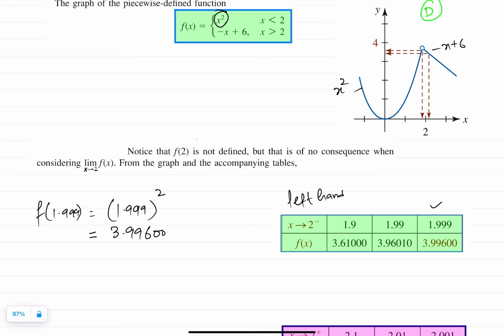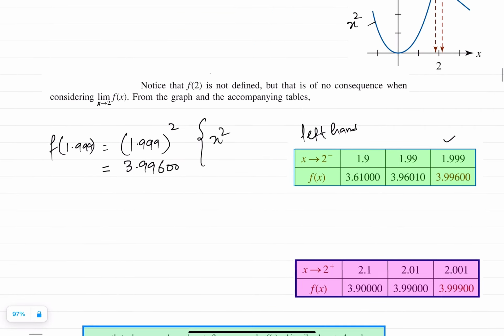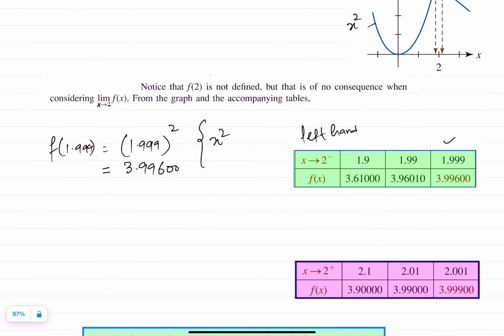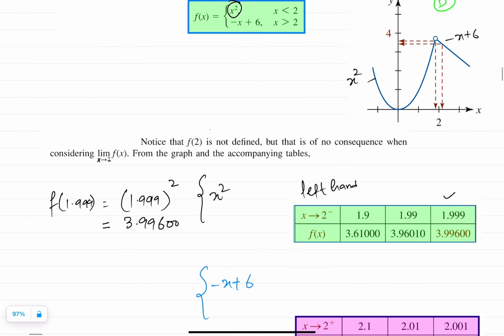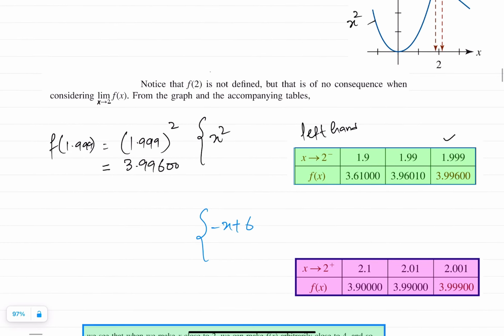Similarly, if you want to approach x equal to 2 from the right side, this time we will take the function -x plus 6, because it's mentioned over here. For example, you can take values closer to 2, that is 2.1, 2.01, 2.001.